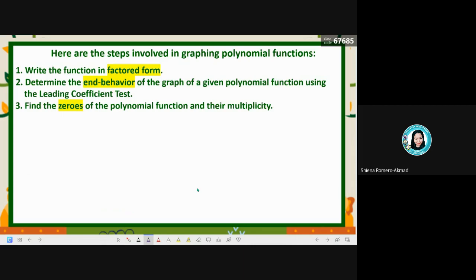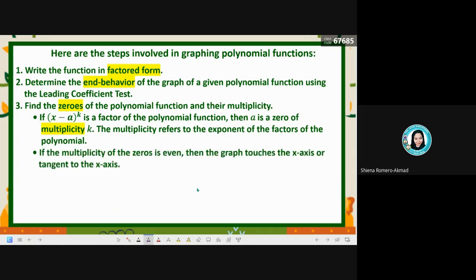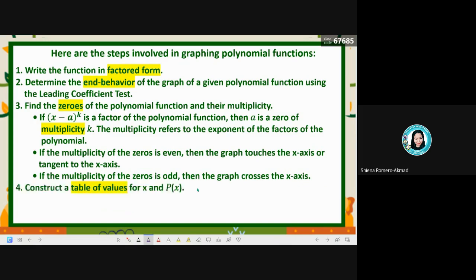Kinukuha natin yung zeros, gumagamit tayo ng synthetic division, or kaya naman ang remainder theorem. Then, titingnan mo rin yung multiplicity nila tulad kanina, kapag even, it will touch. Pag odd, it will cross. If the multiplicity of the zero is even, it touches the x-axis but will not cross. If it's odd, then the graph crosses the axis.